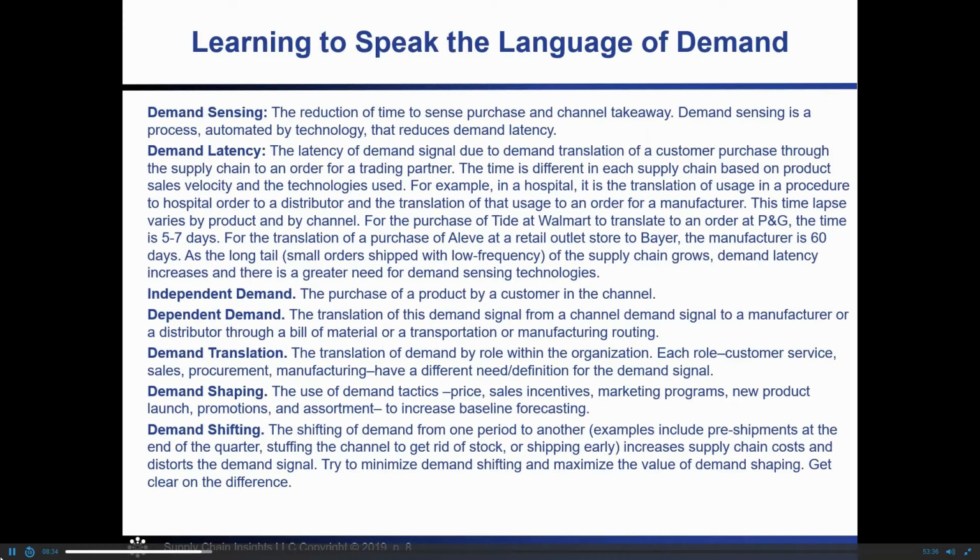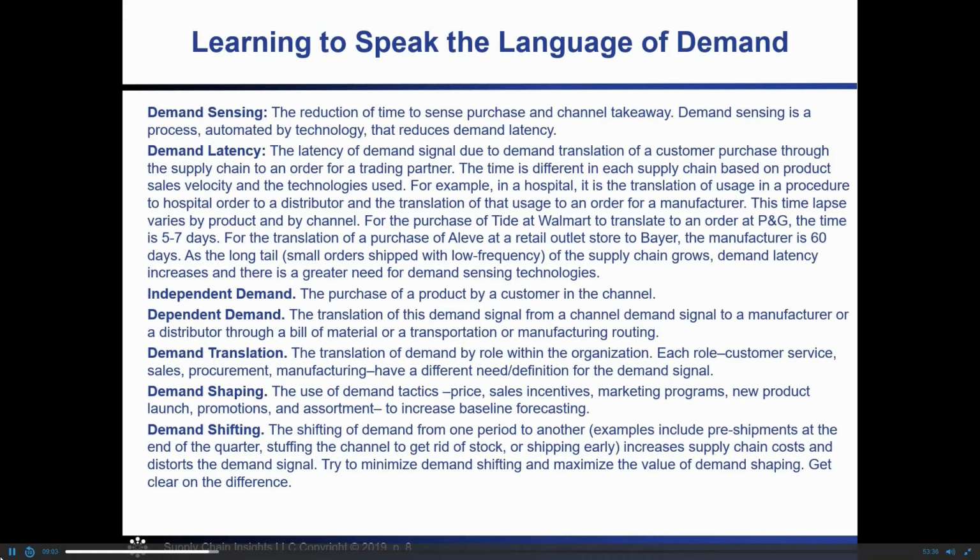Demand shaping is the use of demand tactics, price promotion, to really increase baseline lift. Baseline lift says if I don't do anything to the demand signal, this is what people will buy. Many people confuse demand shifting for demand shaping. Demand shifting basically shifts demand from one quarter to another. So demand shaping is best when we have elastic usage.